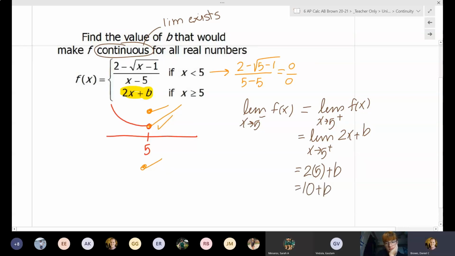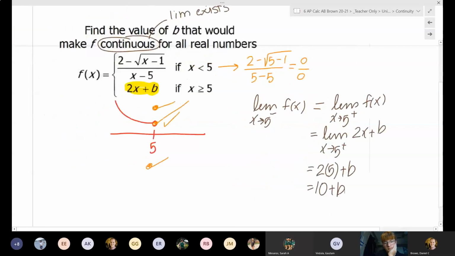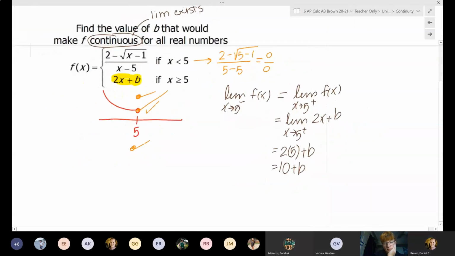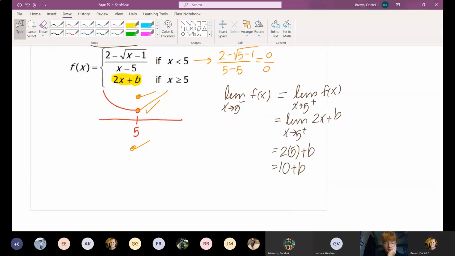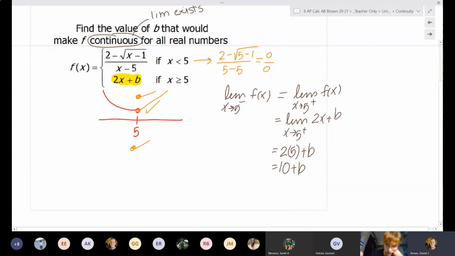The other side is where I think it was Gautam who said we need to rationalize, then plug in the 5, and then we have our equation that we can solve. I'm going to rationalize off to the side just because there's a lot of work going on in this problem. So I have 2 minus the square root of x minus 1, over x minus 5.